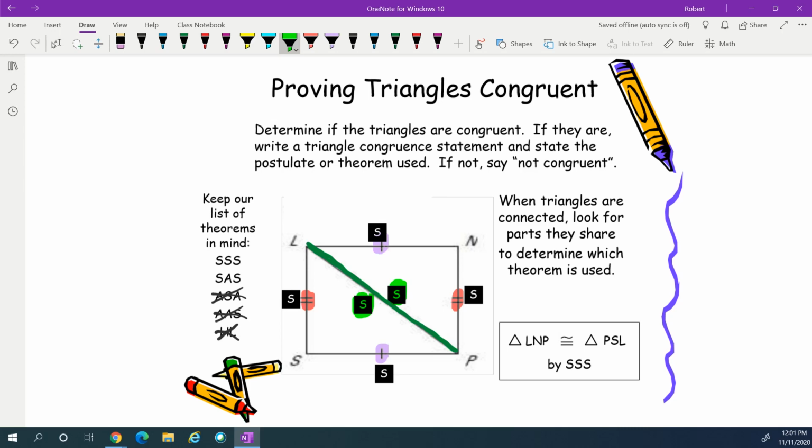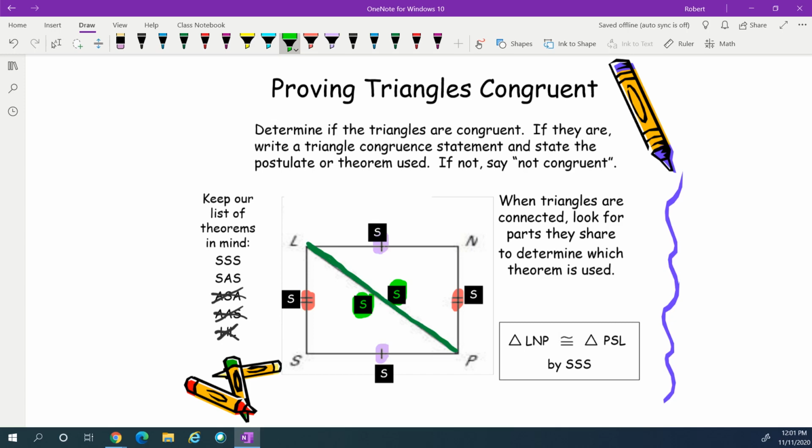Whenever that segment is shared, use it, because LP from triangle 1 is exactly the same as LP from triangle 2. It's the same segment. It's certainly congruent to itself. We're just using it twice.